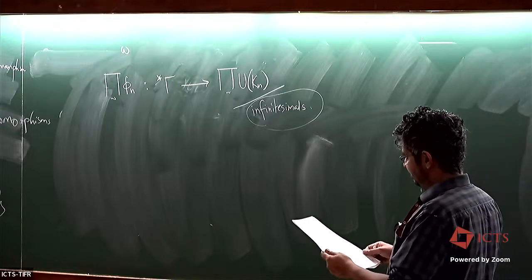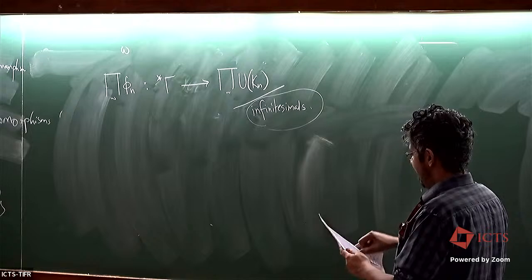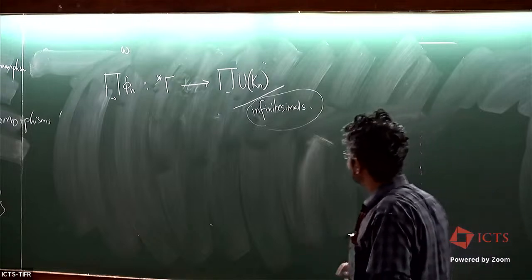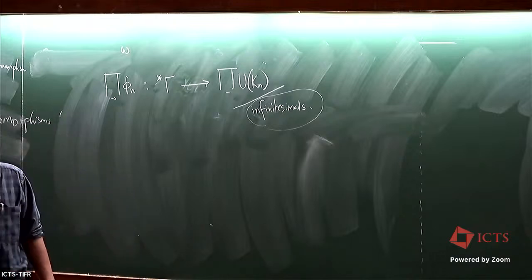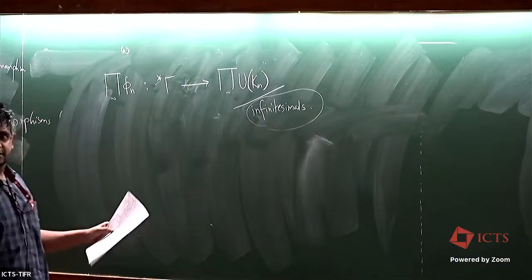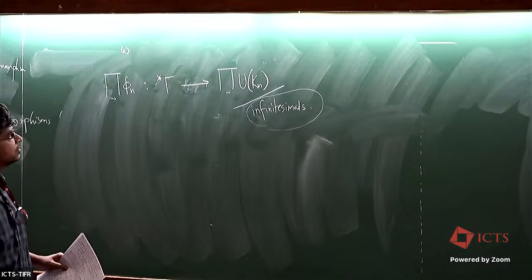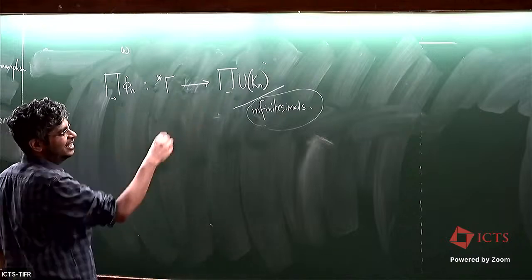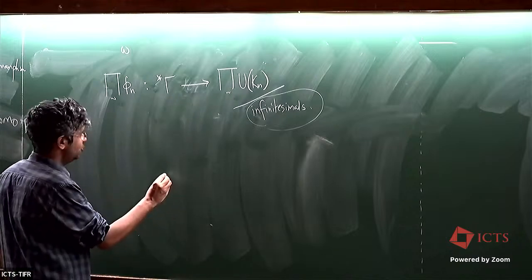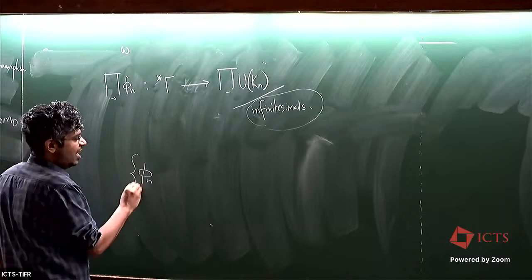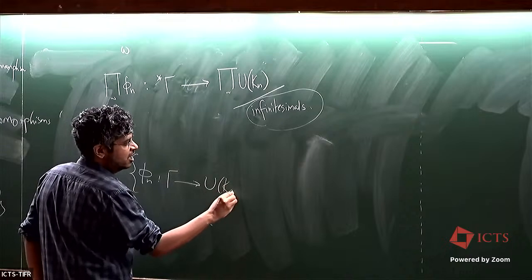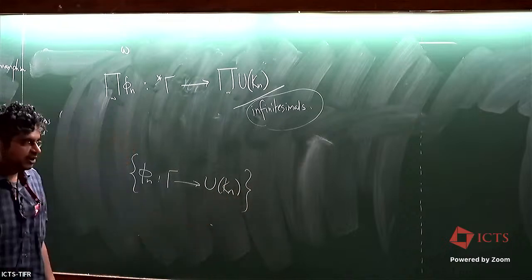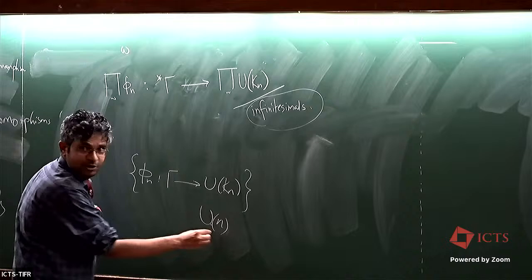So in this language, I think Alex was hinting at this yesterday in the diagram. This K was an additional annoying thing. So phi n was a family of maps from gamma to UKN. You could ask why don't I just write UN?